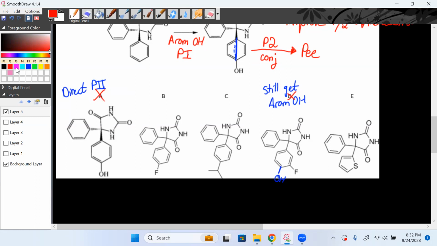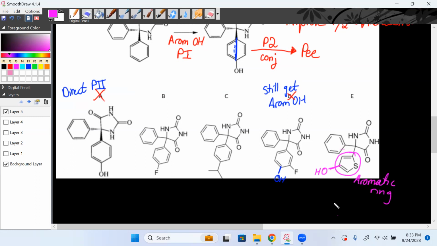If we look at E, E is just swapping one aromatic ring for another aromatic ring, which would mean that we could put an OH right here. So are we in fact preventing aromatic hydroxylation?